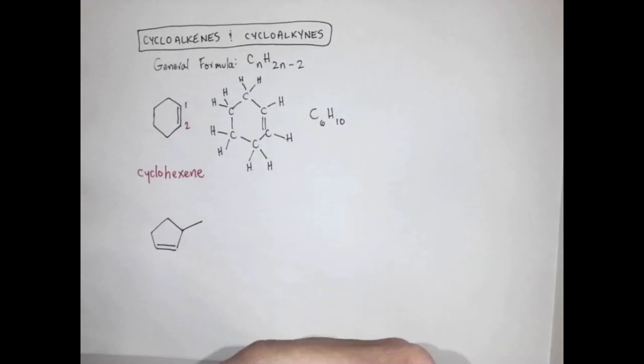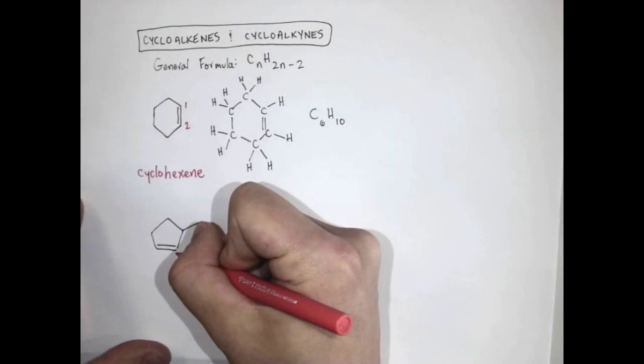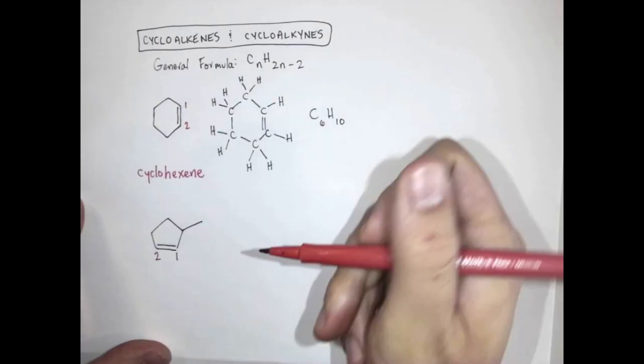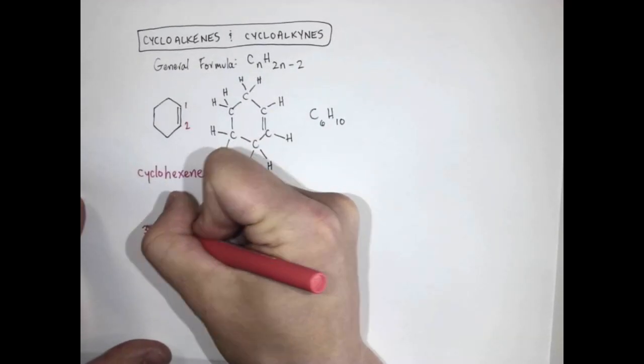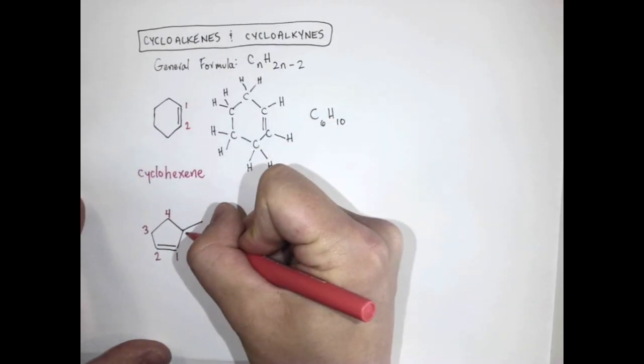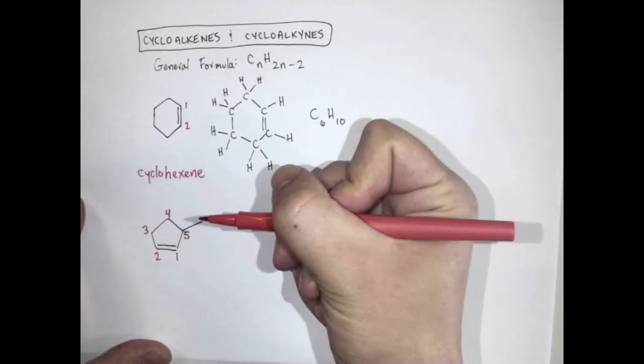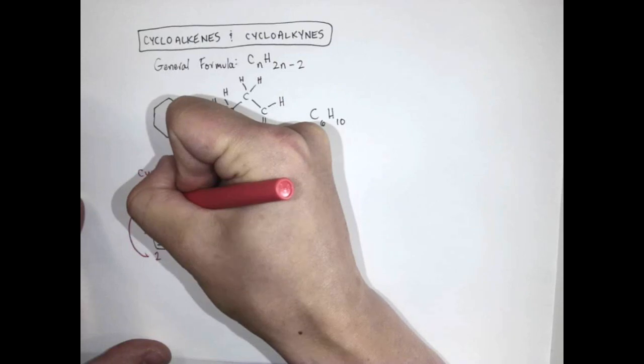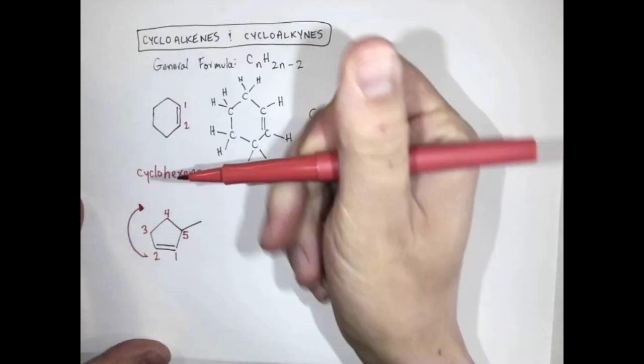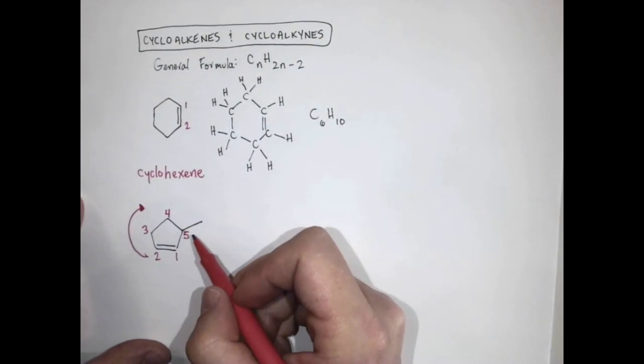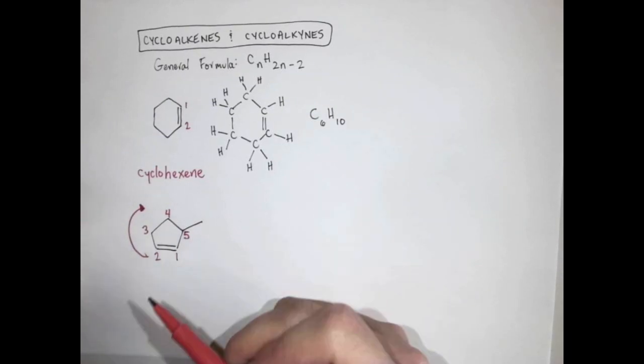So first I'll show you the wrong way. The wrong way would be to go this way: 1, 2, 3, 4, 5. That's the wrong direction, because then the branch gets a higher number.